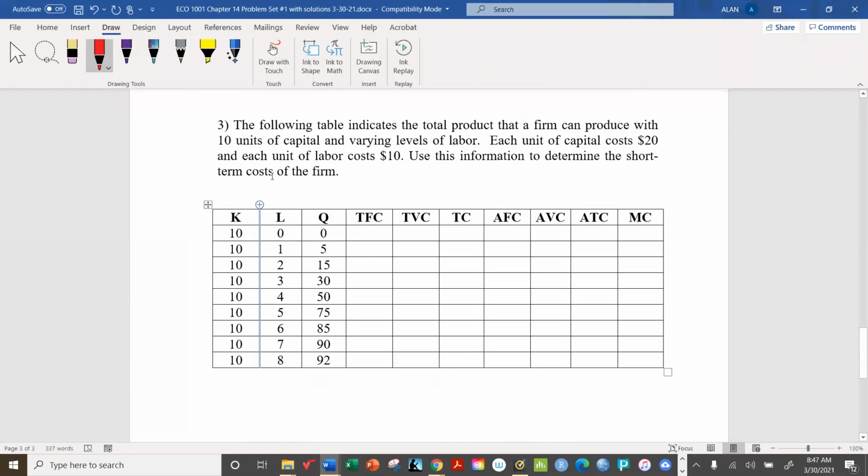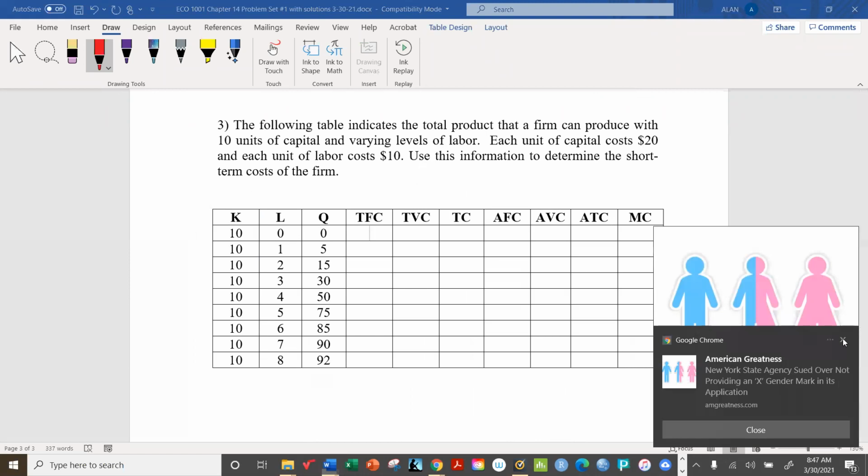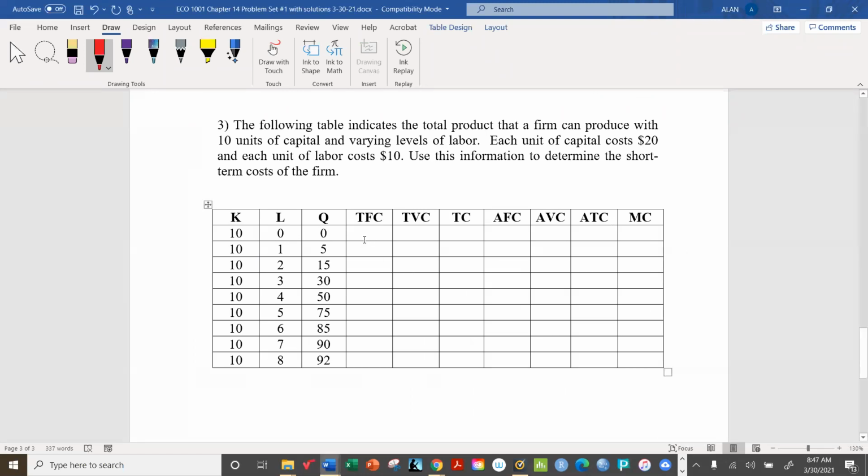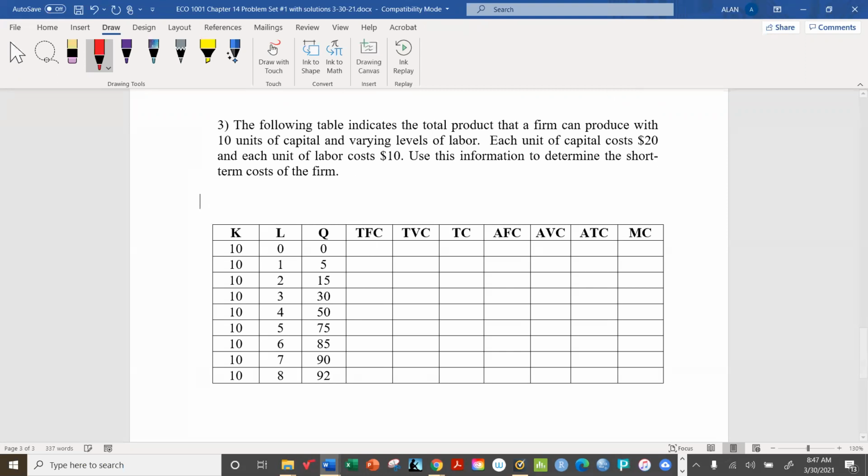First thing first, the cost of the capital here. The capital is the fixed resource. Now, it turns out that each unit of capital costs $20, and we're using 10 units of capital to produce this product. So therefore, it must be the case that we're spending $200 on capital no matter how much output is being produced. Okay, so note, I'll just put a note up here.